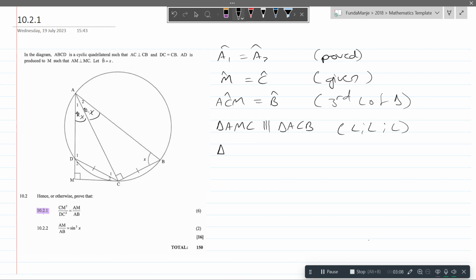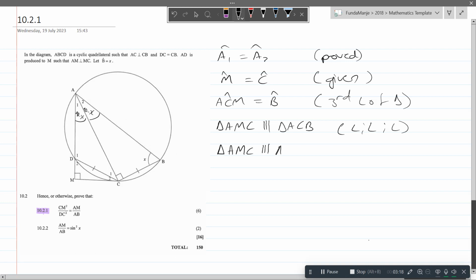We can say triangle AMC will be similar to triangle ACB, which is what we have.